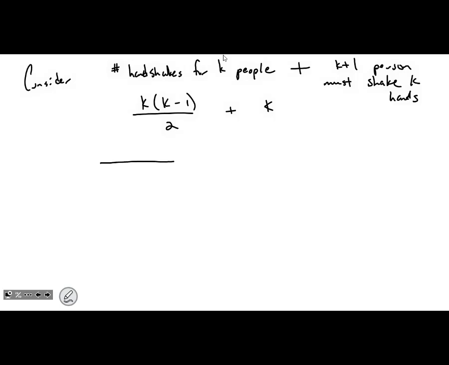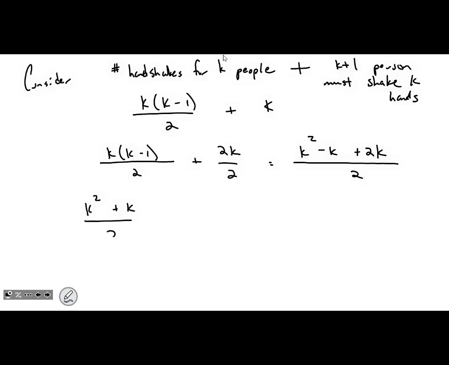So let's see what happens when I add these two together. In order to add, I get a common denominator. So this would be k times k minus 1 over 2 plus 2k over 2, which would be k squared minus k plus 2k. That's k squared plus k over 2, which is k times k plus 1 over 2.